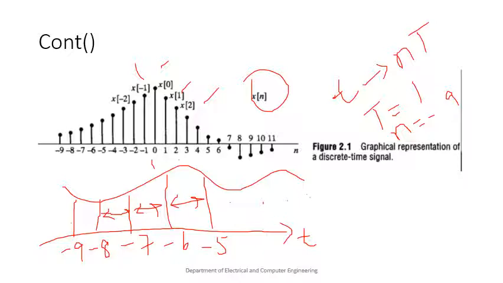We are picking up samples after a regular interval of time, that is, T equal to 1. This is the graphical representation of a discrete time signal.